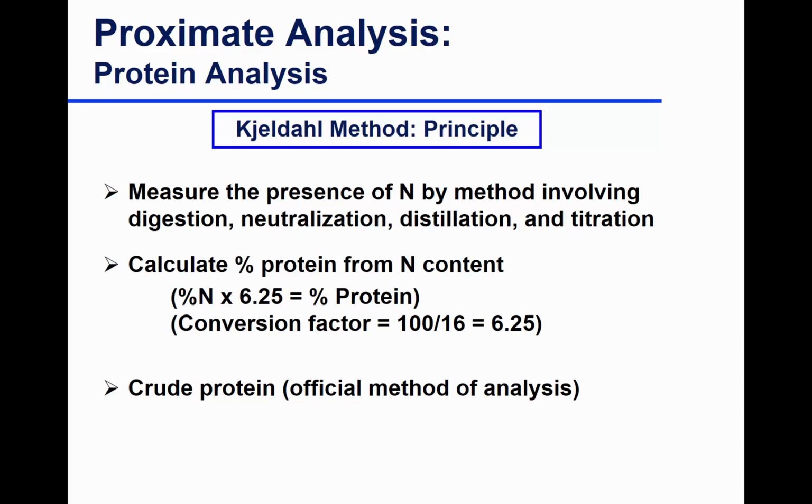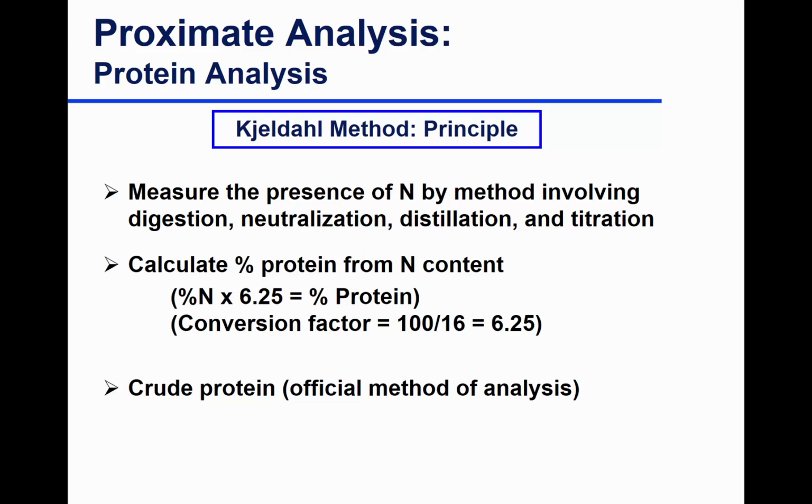For milk, for example, the opposite. You have a lower percentage of basic amino acids, so your conversion factor is higher because your average percent of nitrogen in dairy protein is less than 16%. So the conversion factor for dairy is 6.38.